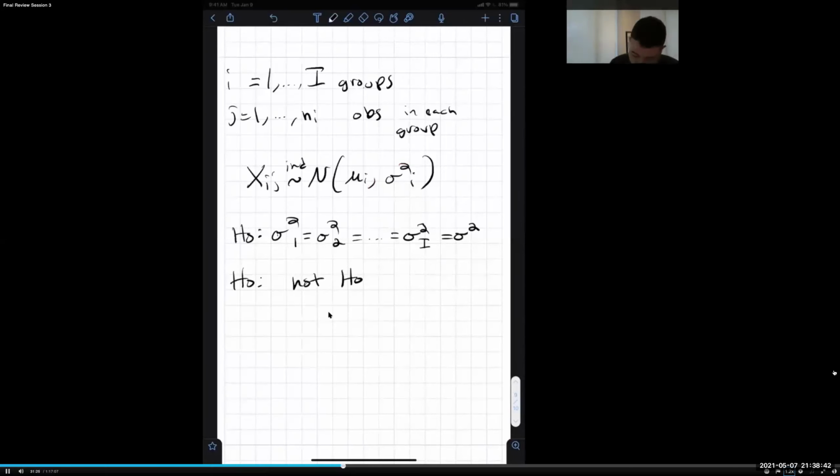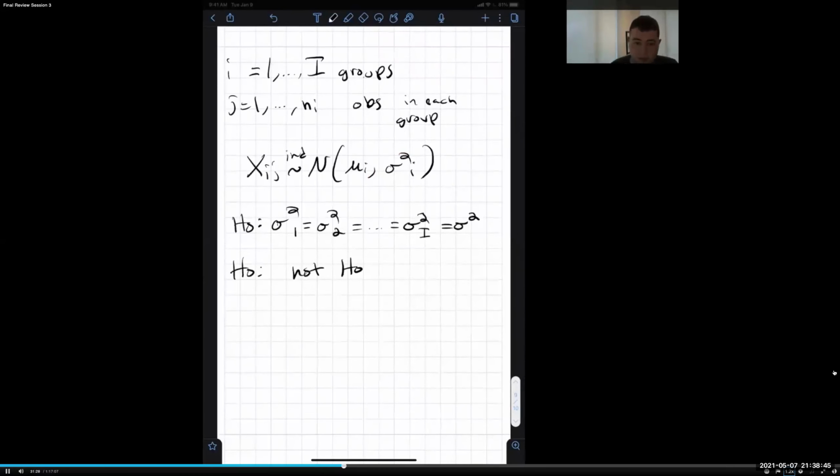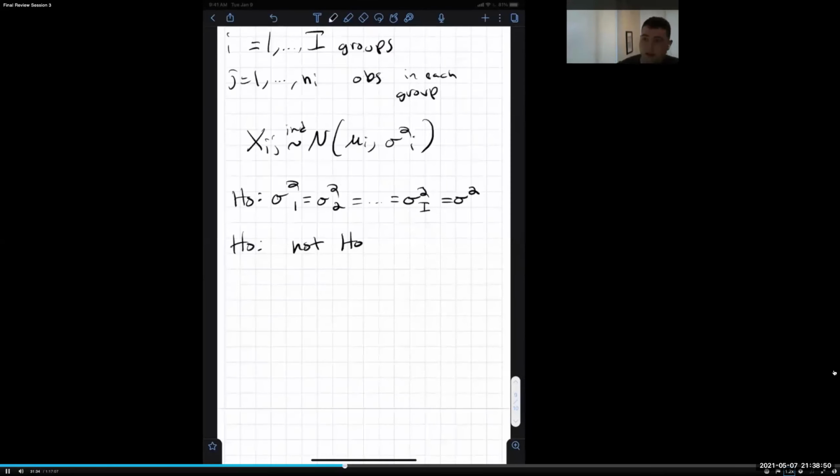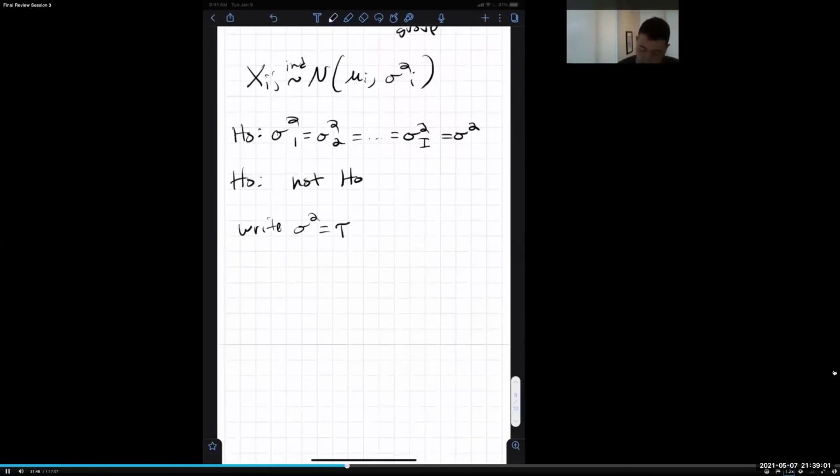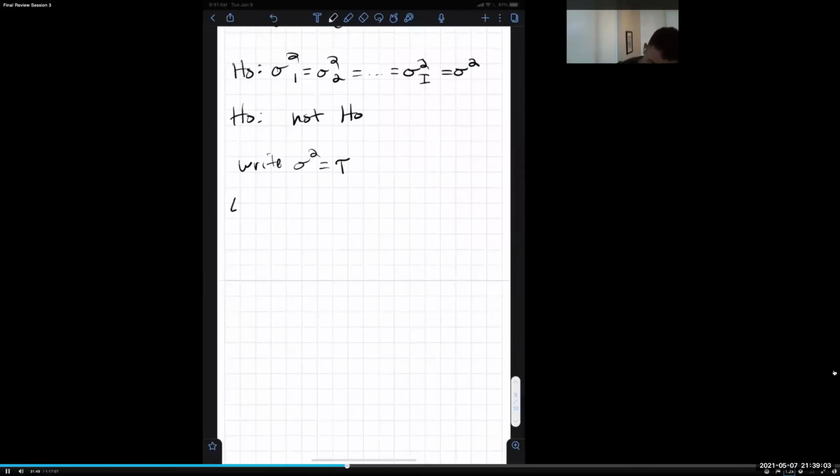Okay. It's probably going to get pretty involved. So first of all, for ease of differentiation, I'm going to write sigma squared equal to tau, so I don't have to take derivatives of sigma squared and get confused with the power. Our likelihood, and I'm going to write a general likelihood, not under the null or whatever, is simply a function of mu_1 through mu_I, as well as sigma squared_1 through sigma squared_I.